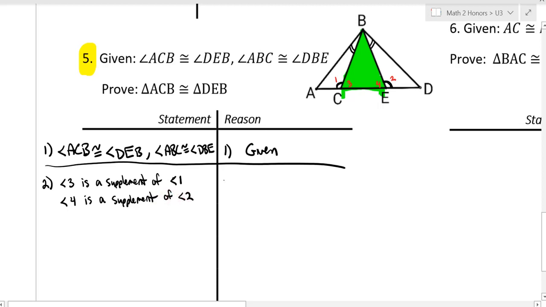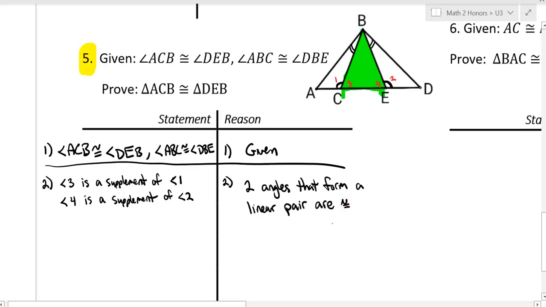And my reason is going to be that two angles that form a linear pair are supplementary.